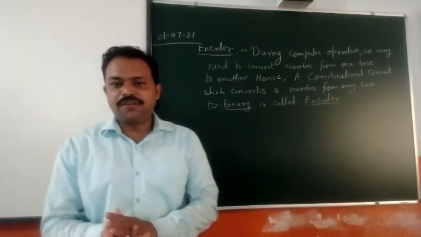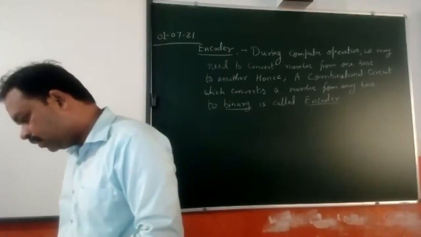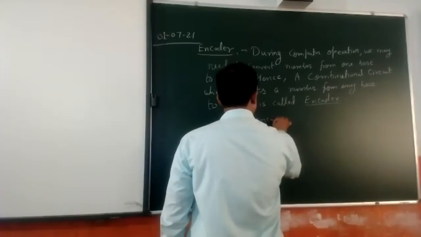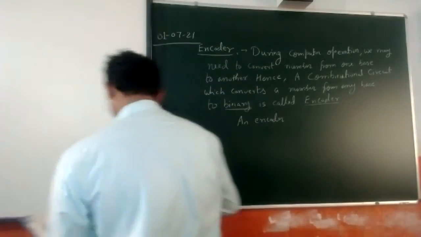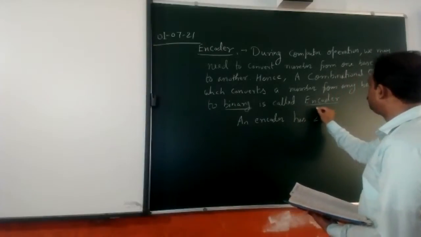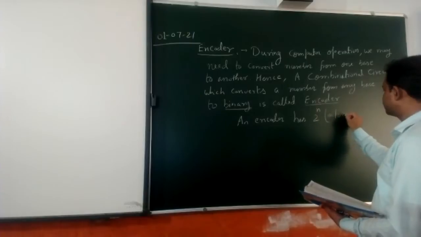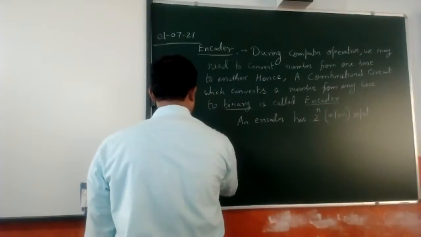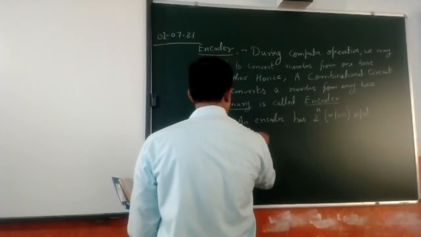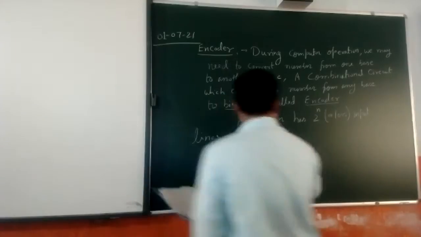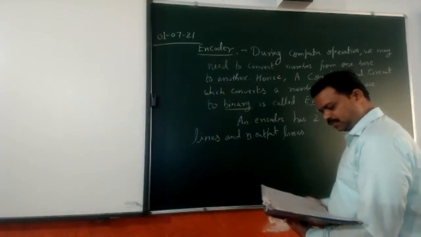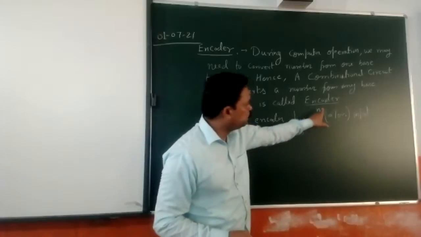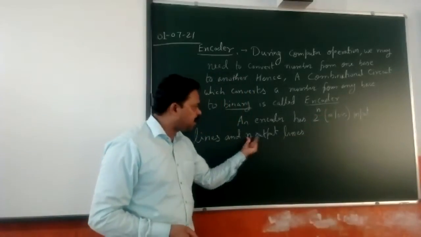So that is the definition of encoder. Now continue the topic. An encoder has 2 to power n or less input lines and n output lines.